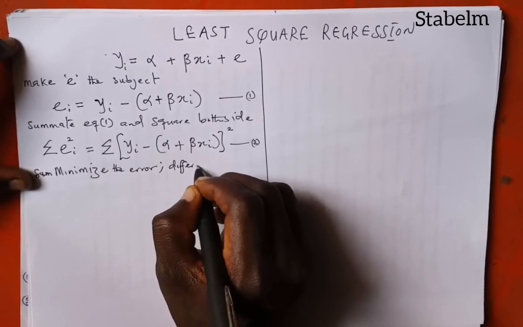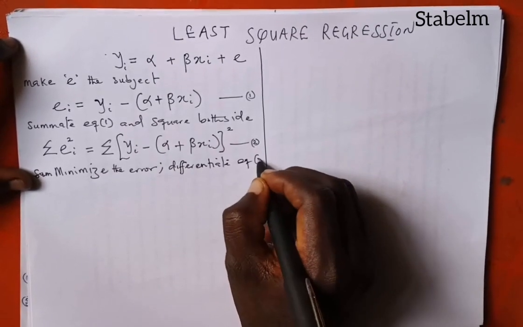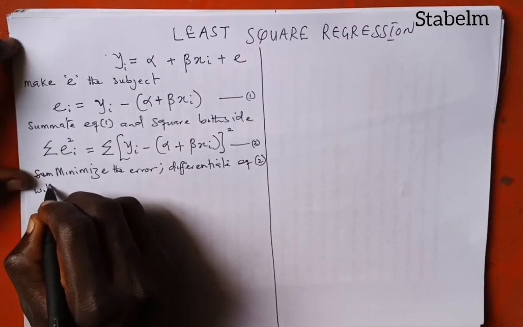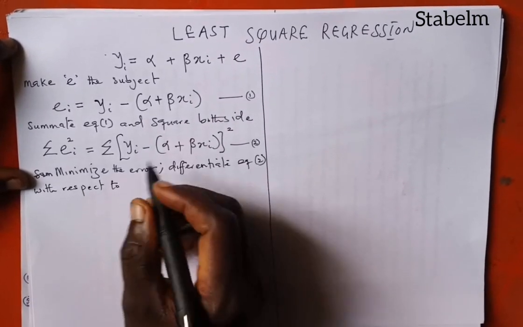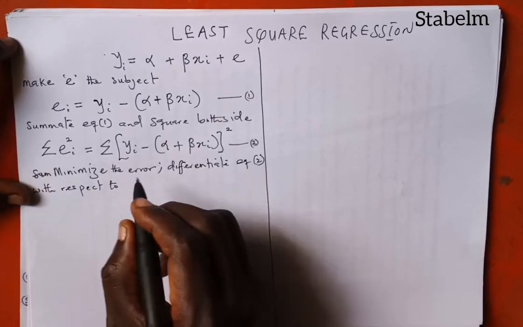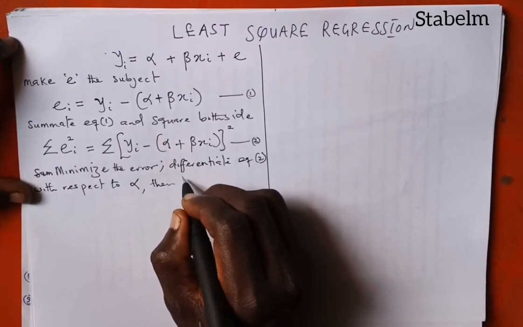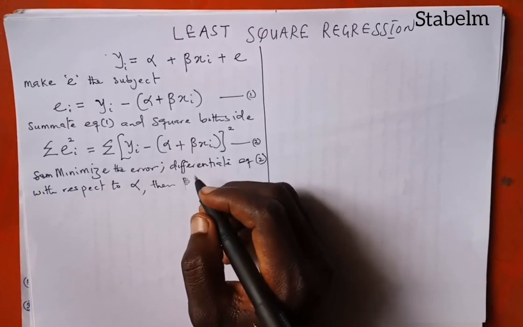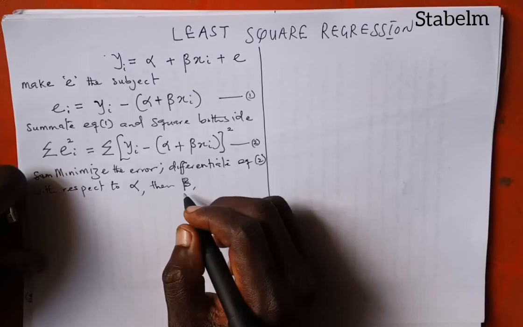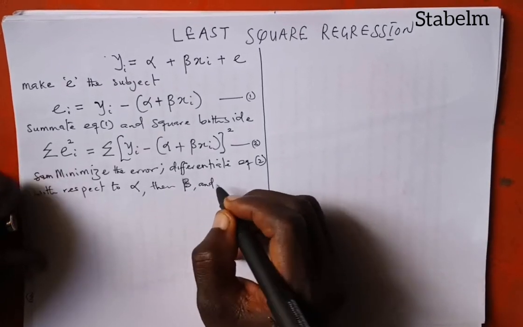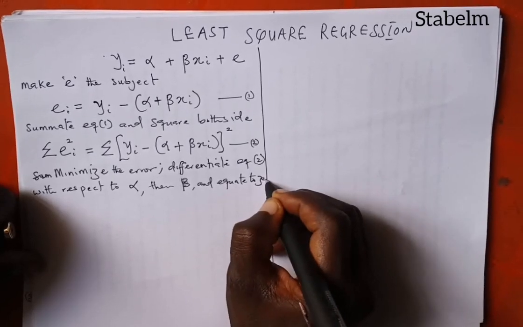We do that by differentiating equation 2 with respect to the first parameter, alpha, then beta, and equate to 0.